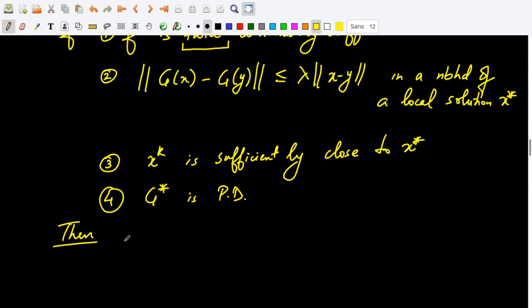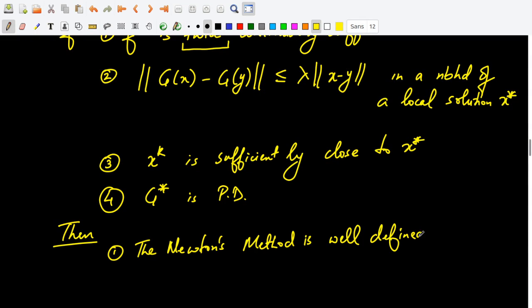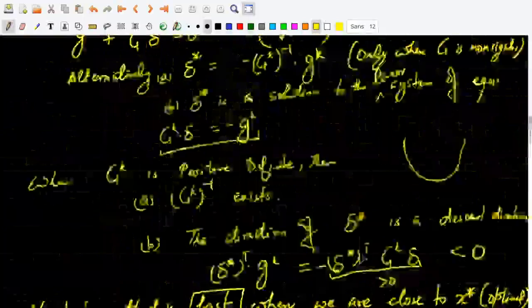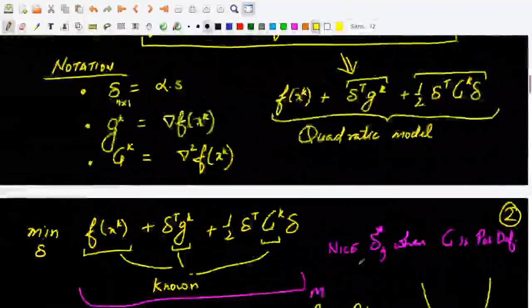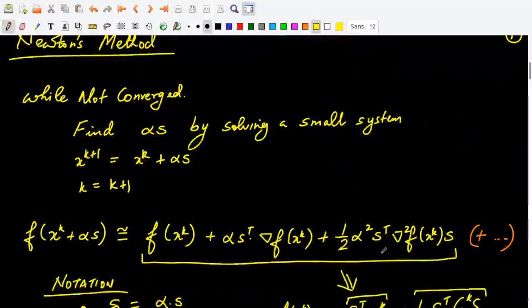Then, first, Newton's method is well defined. This means that all the steps in this method are unambiguous, and there is a clear way of finding delta.